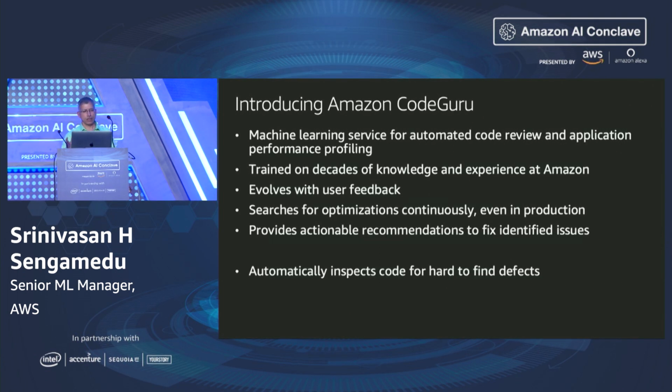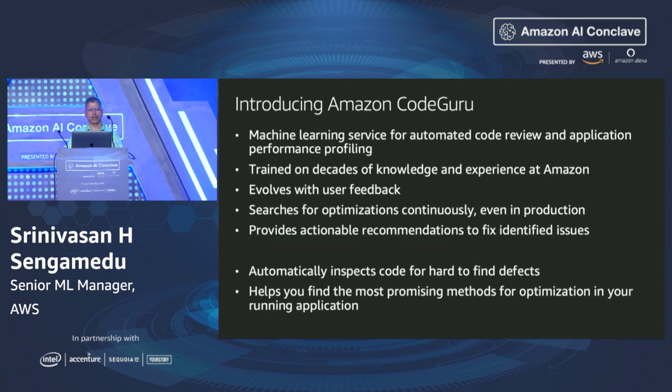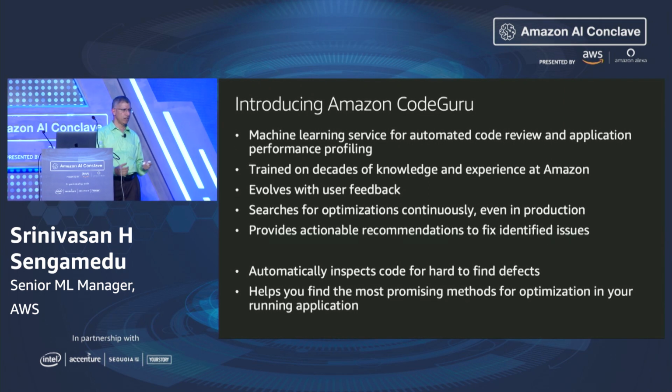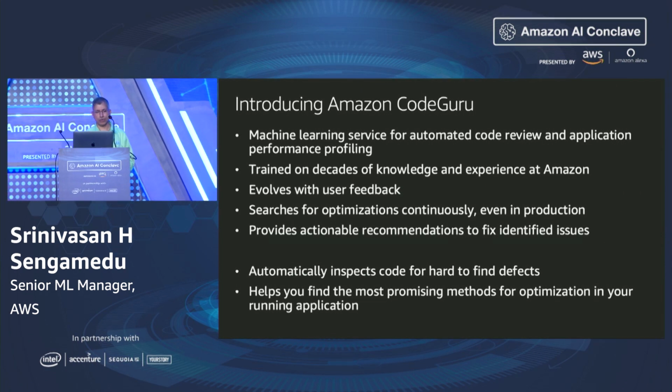And the CodeGuru reviewer basically inspects code to find defects, and the profiler helps you find the most promising methods for optimization in your running application. So if you want to optimize, reduce the latency or reduce cost or increase the utilization, you can use the profiler.